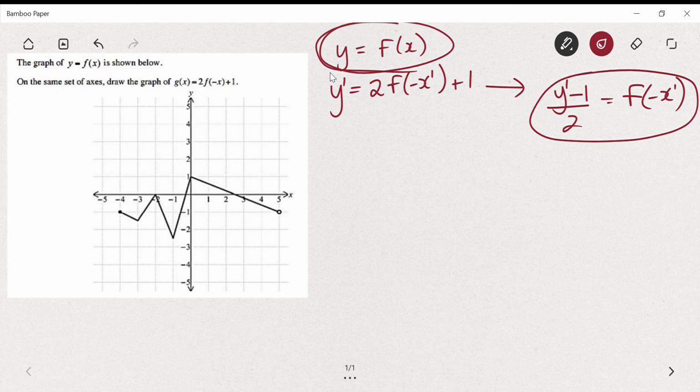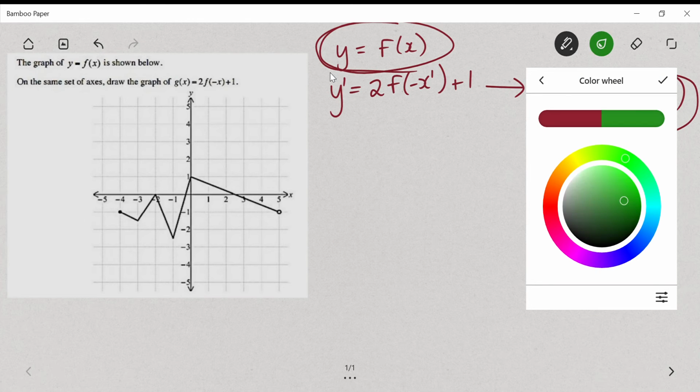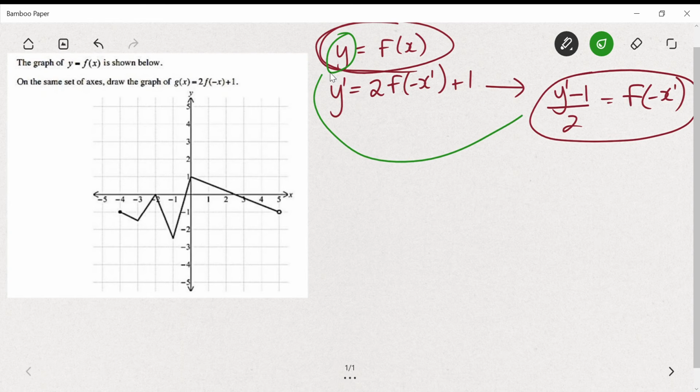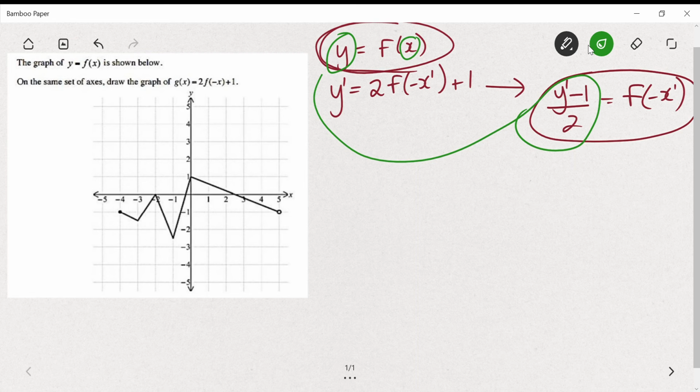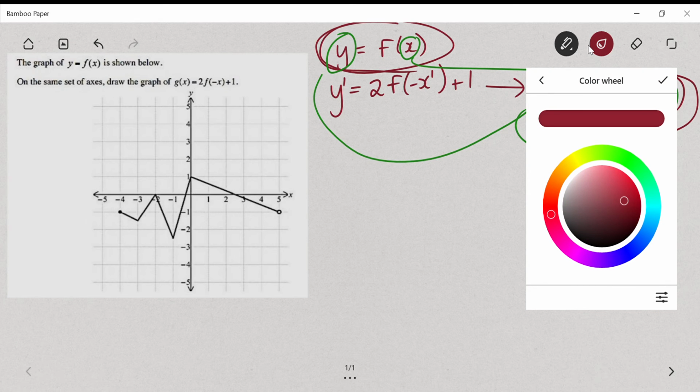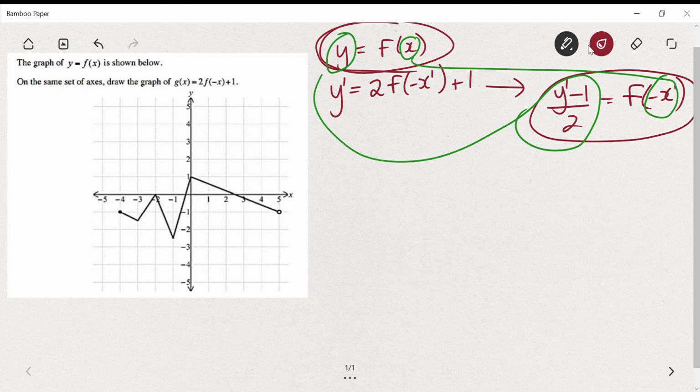So I can say that this y here has become this, and I can say separately that this x in here has become this minus x over here, which means that I can go ahead now and write that out. y is equal to y prime minus 1 over 2, and x is equal to minus x prime.